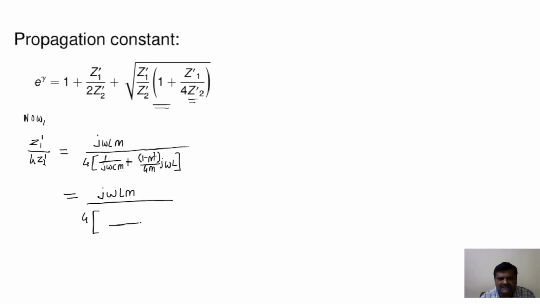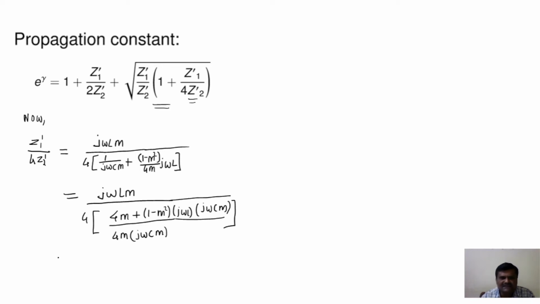Rearrange this equation. I take the denominator, that is 4m j omega Cm, then I multiply this at the numerator, so it becomes 4m plus 1 minus m square, then j omega L, multiplied by j omega. So this is bracket.